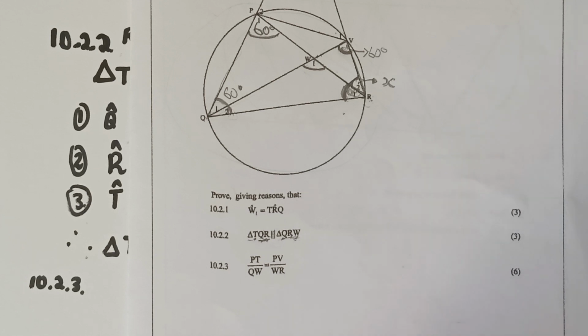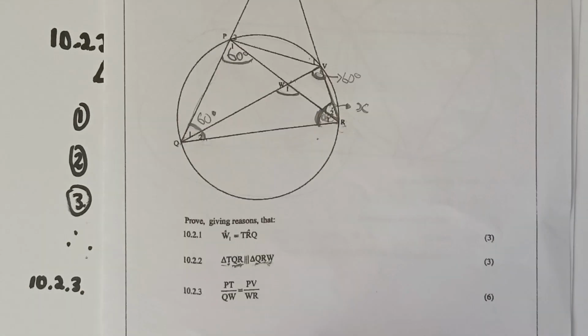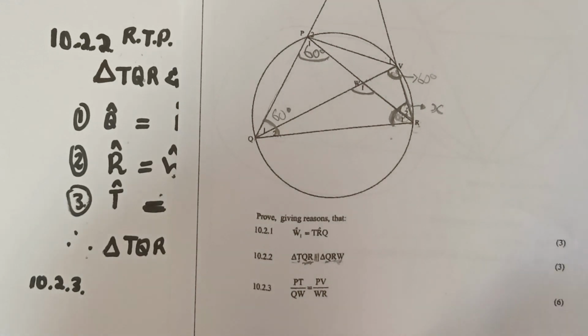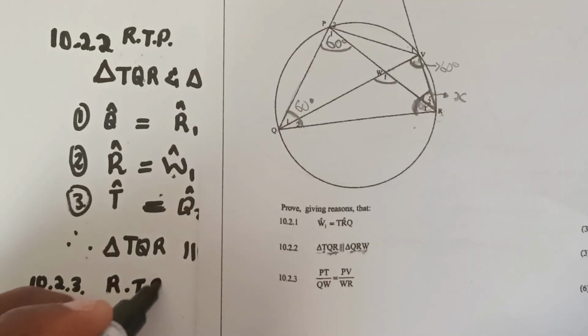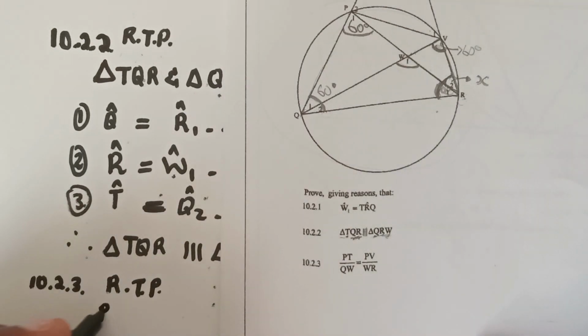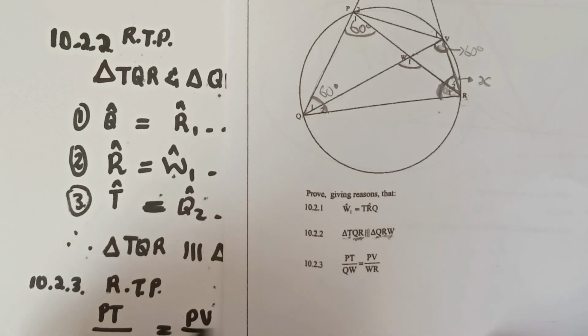I promise you guys, we're definitely going to work. Okay, so 10.2.3, it says required to prove that PT over QW is equal to PV over WR.